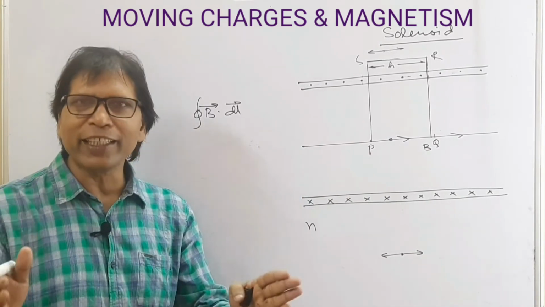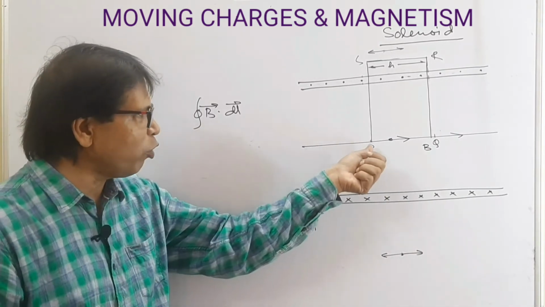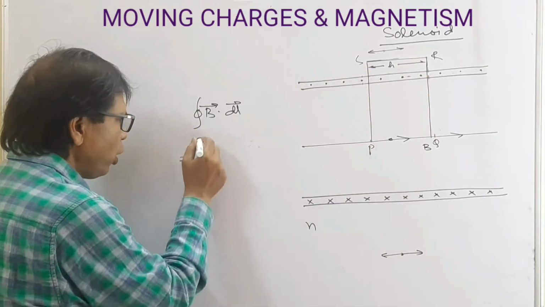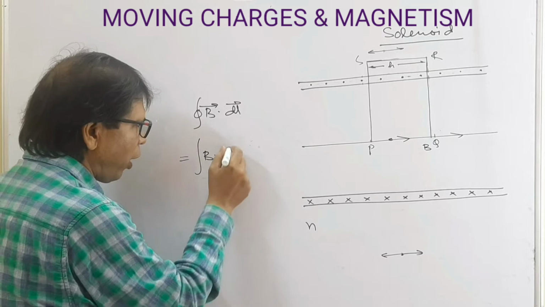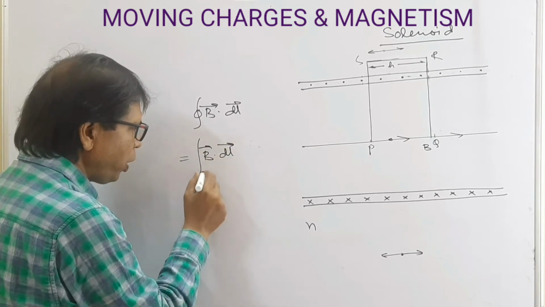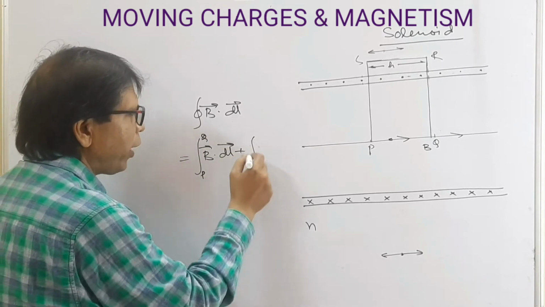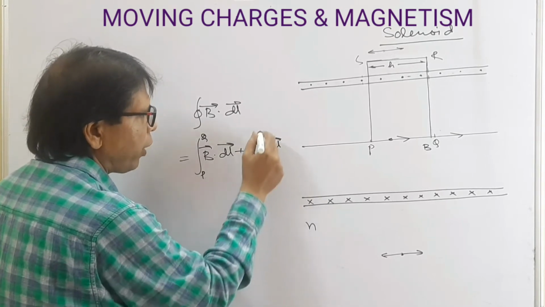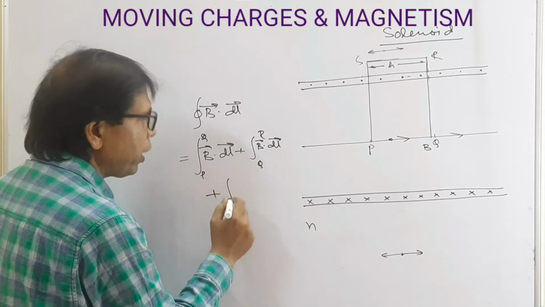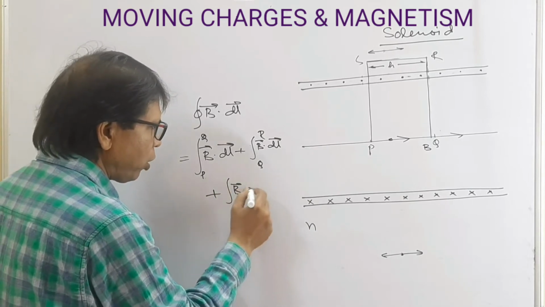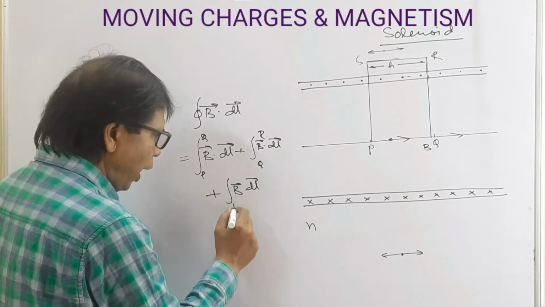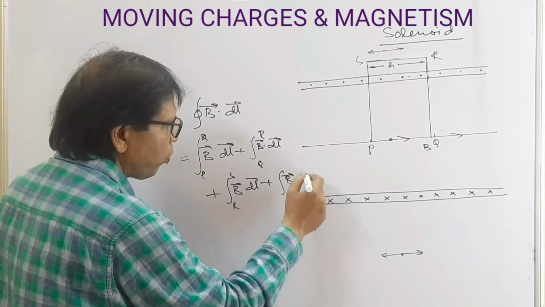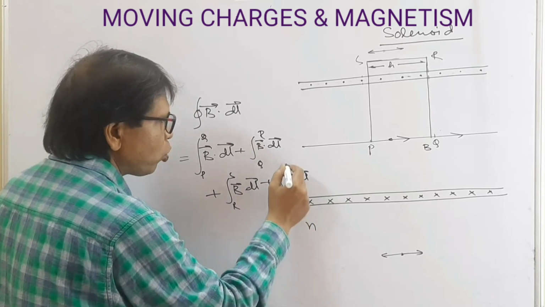Now the line integral of the magnetic field around the rectangular loop PQRS is equal to the integral of B vector dot dl vector from P to Q, plus B vector dot dl vector from Q to R, plus B vector dot dl vector from R to S, plus B vector dot dl vector from S to P.